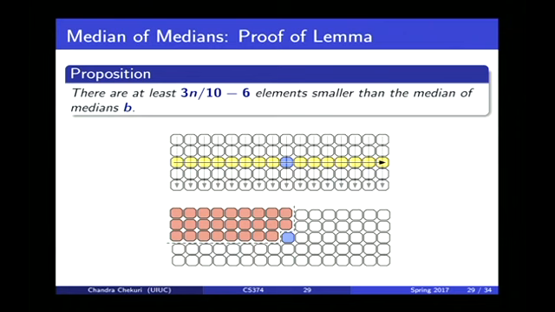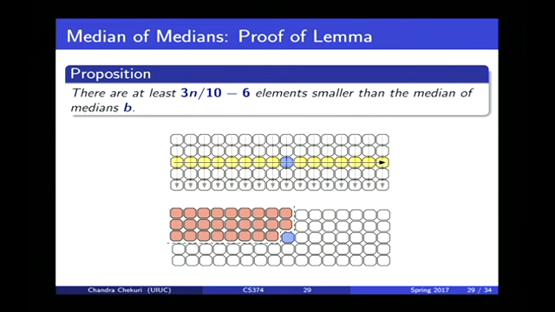So what have I convinced you? How many numbers are here? There are n over 5 groups, so 3 times n over 5... no, not 3 times n over 5. Sorry. There are n over 5 groups, but there are only n over 10 guys here.